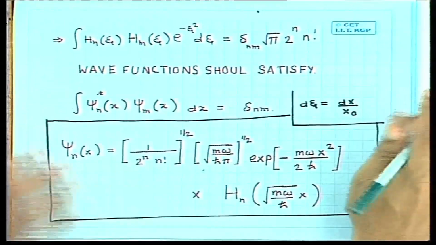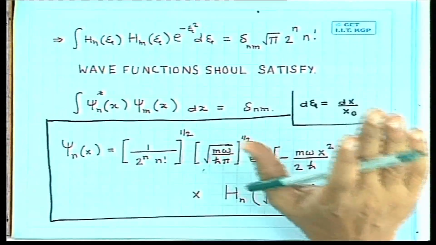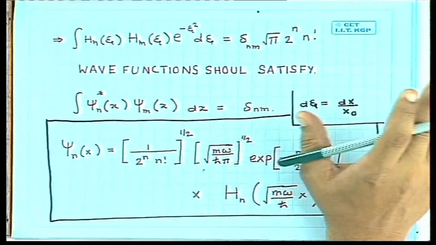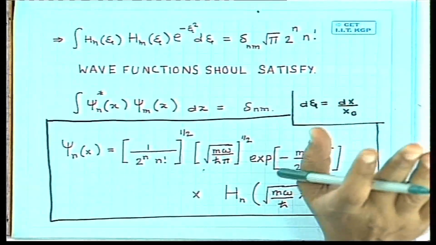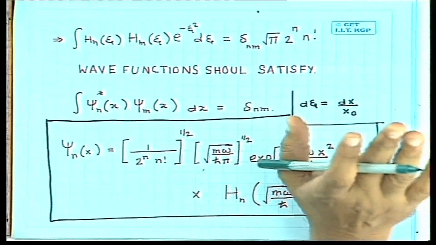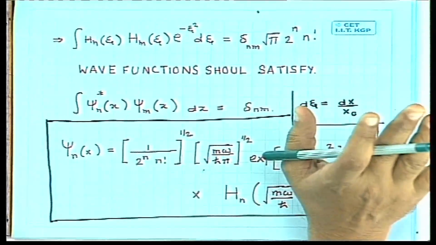So let me just summarize what we have achieved till now. We have obtained eigenfunctions of the Hamiltonian of the simple harmonic oscillator. We have normalized these eigenfunctions, and we saw that they are actually orthogonal. I had proved a theorem, if you remember, that the eigenfunctions of a Hermitian operator are orthogonal.